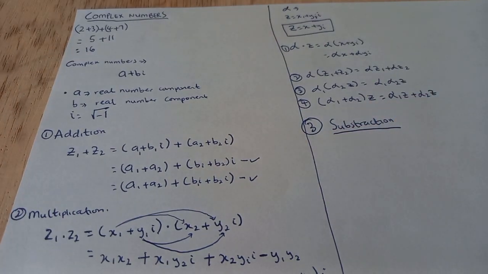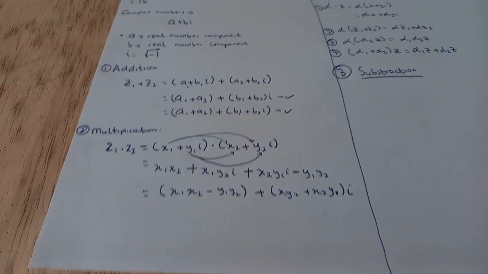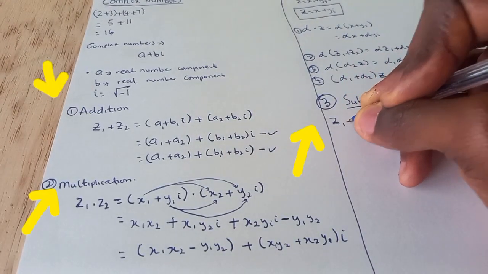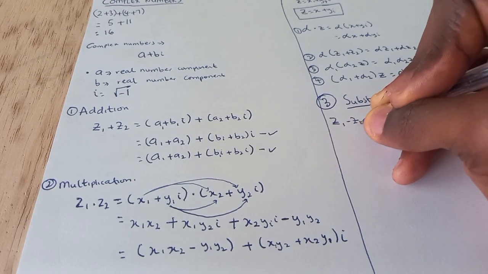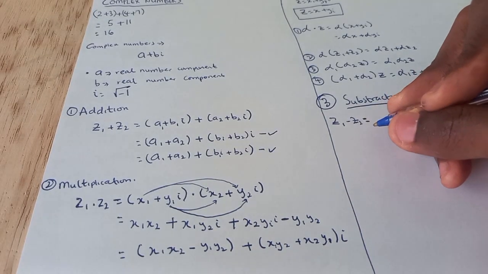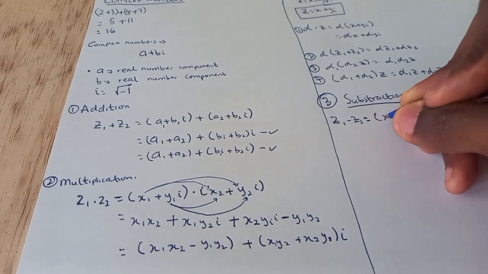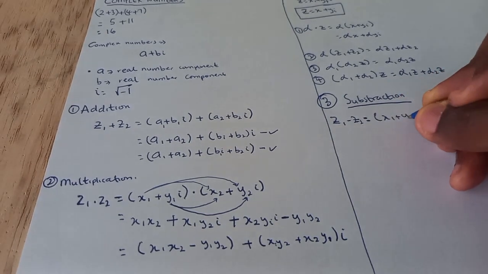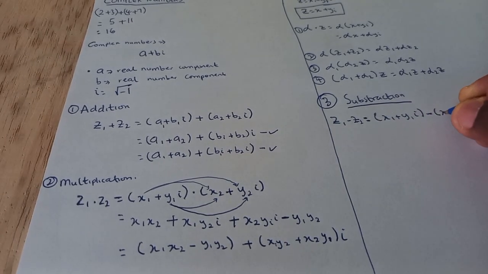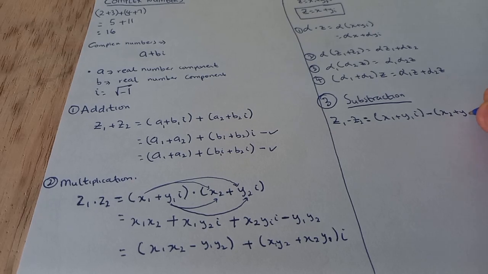Subtraction. So now I have z1 minus z2, that is x1 plus y1i minus x2 plus y2i.